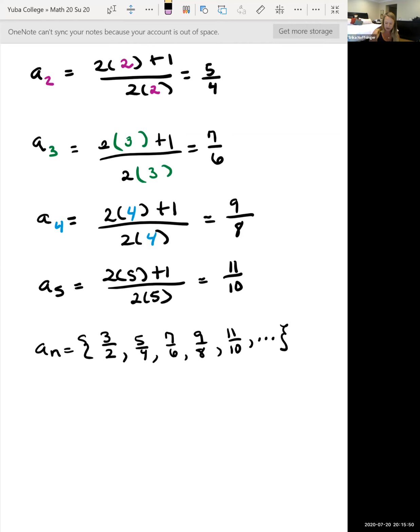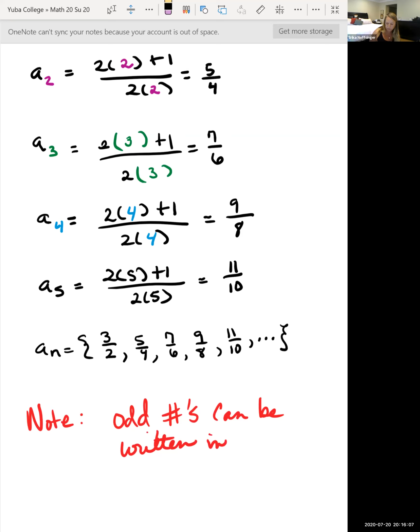So note, odd numbers can be written in the form 2n plus 1, where n is an integer.